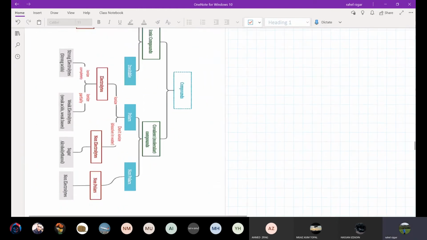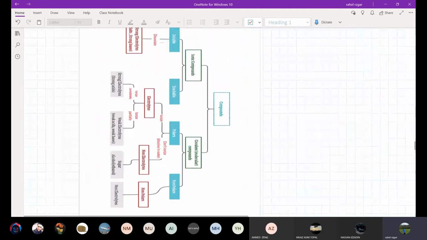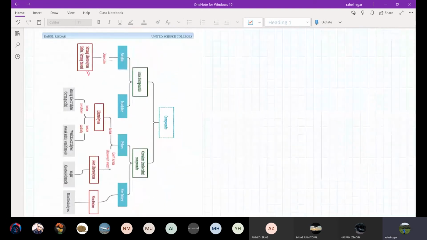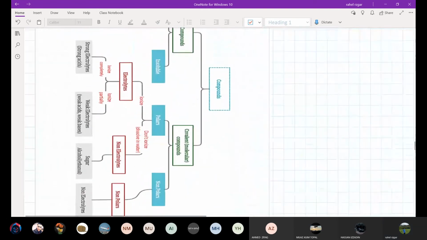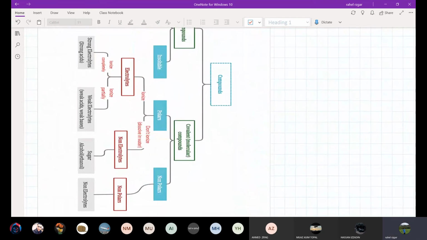But what about covalent compounds? One part of strong electrolyte is here. What about this part? Covalent compounds. We said covalent compounds are either polar or non-polar. We remove the intermediate. Why? In order to understand intermediate polarity in a more advanced way, instead of saying intermediate, we'll say something else.